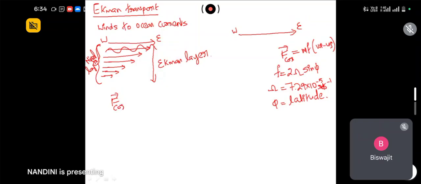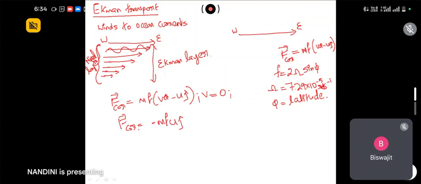Since the motion is from west to east, it is a zonal motion. So the meridional velocity V will be 0, and our force, the Coriolis force, reduces to minus F U j.